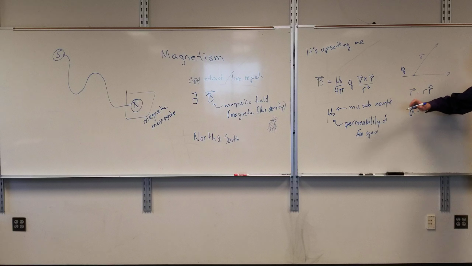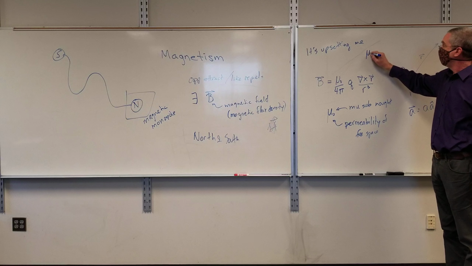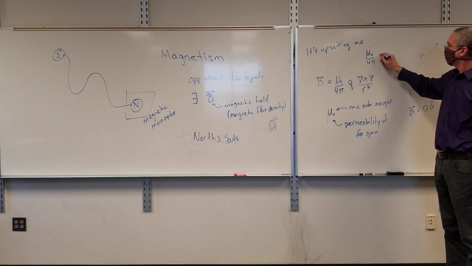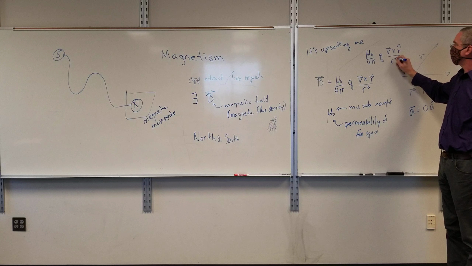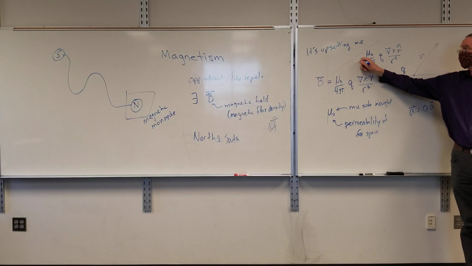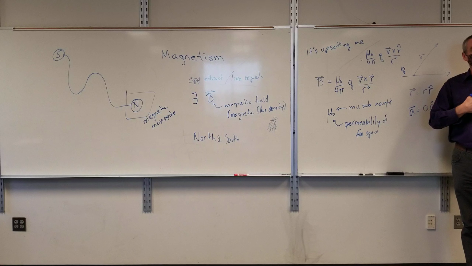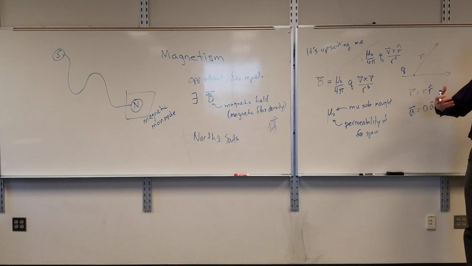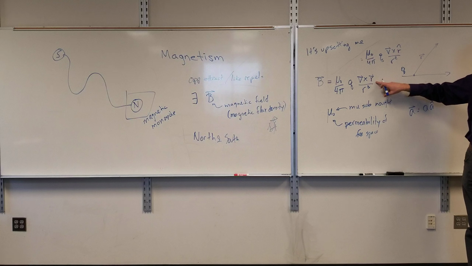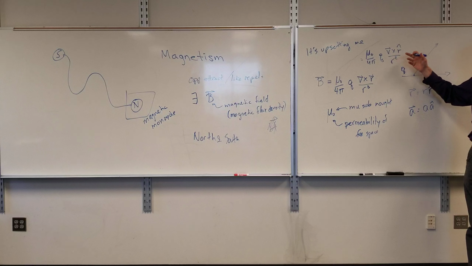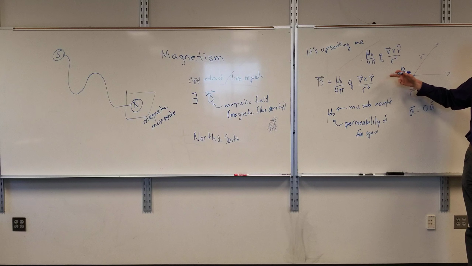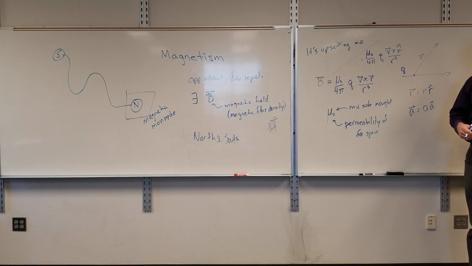And so this equation right here could also be written mu naught over 4 pi Q V cross R hat over R squared. So those are 2 variations of the same thing. If you start working through it from a math point of view, personally I find this one's a little bit simpler than that one, but in actual practice, go with the one that your brain is working on at that moment, and you get the same answer.